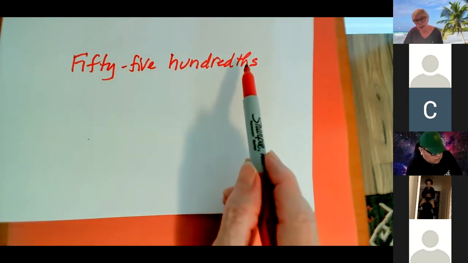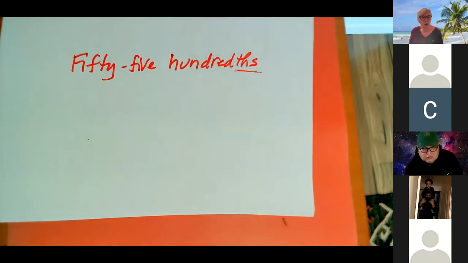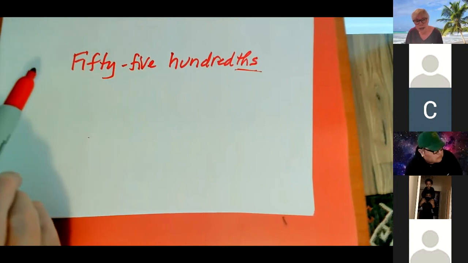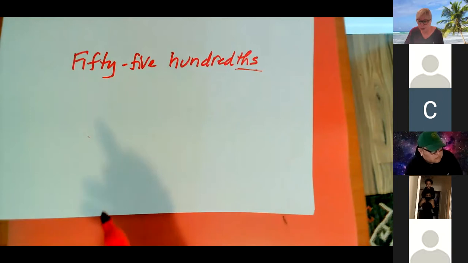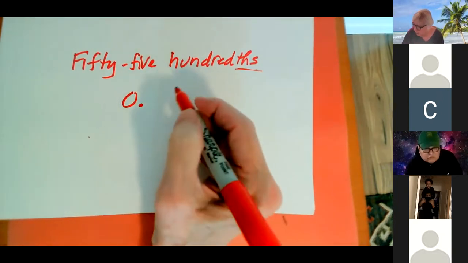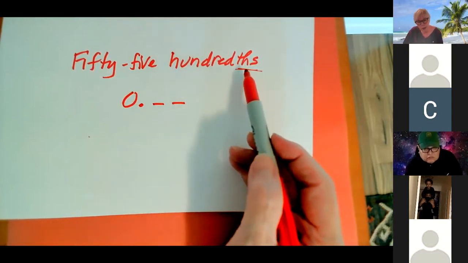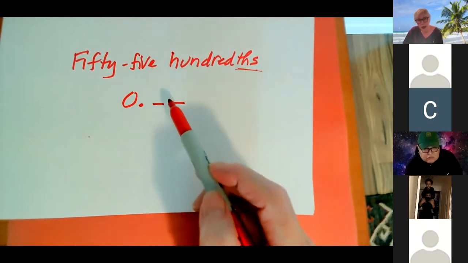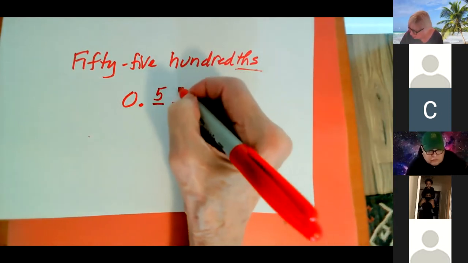But when we see hundredths with a TH, we know we're on the decimal side. And so there was no "and". It was not like 3 and something. This is all on the decimal side. So to do hundredths, you have to go over 2 decimal places. Tenths, hundredths. Can you fit 55 in there? Yes, you can, 55.